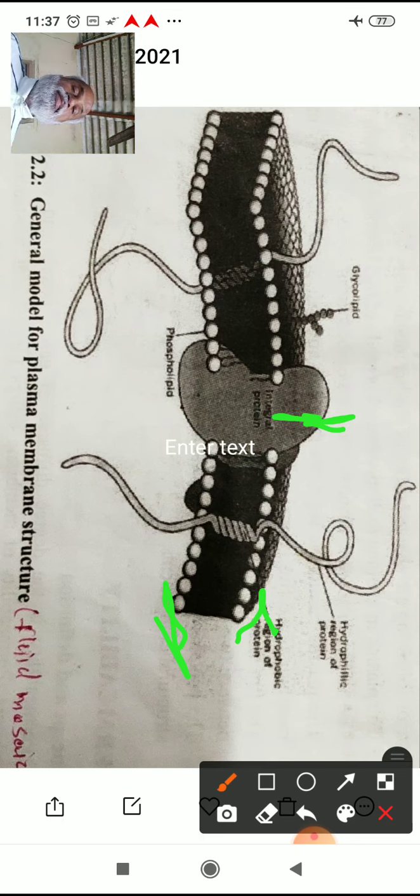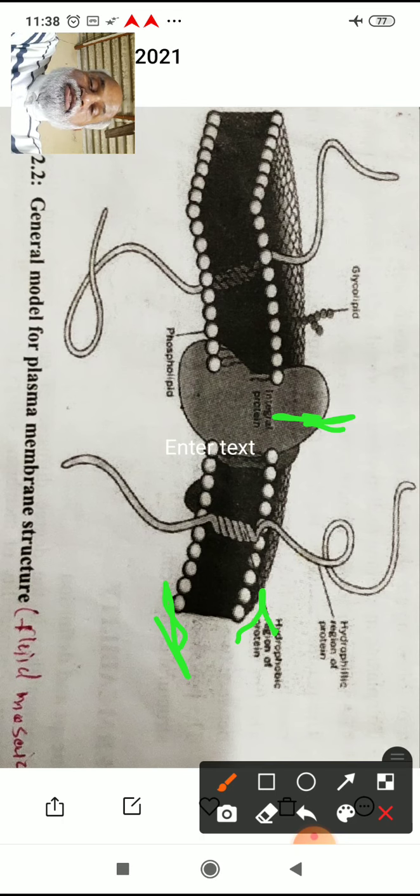Proteins present in the membrane help in providing support and shape to the cell. Three types of proteins are there in the plasma membrane: cell membrane receptor protein, transport protein, and glycoprotein.